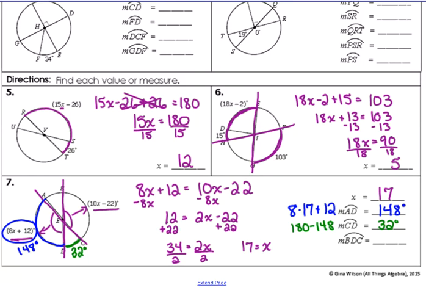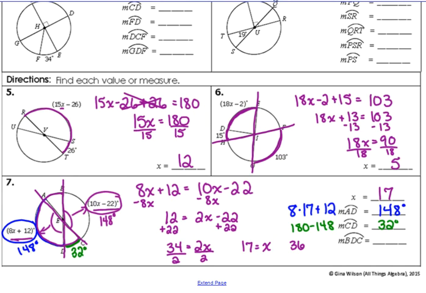And then finally, how about the measure of arc BDC? So we start at B, go to D, end up at C. It is everything but the 10x minus 22, which is also 148 because it's equal to the arc on the other side.